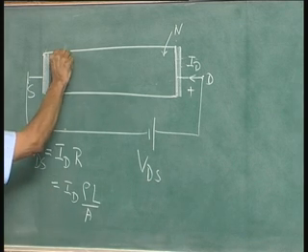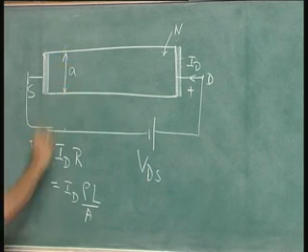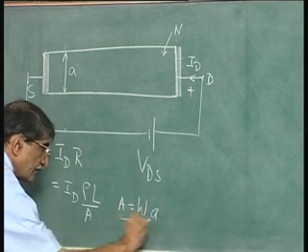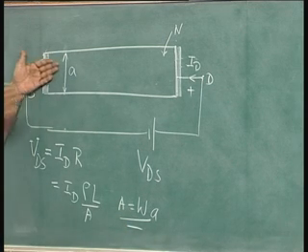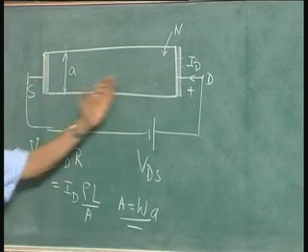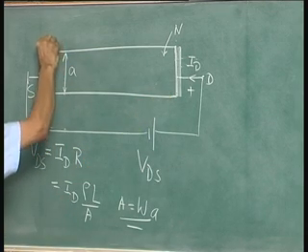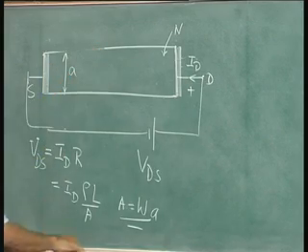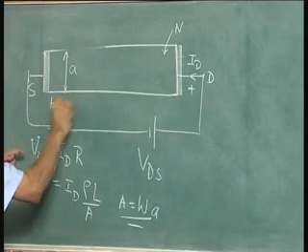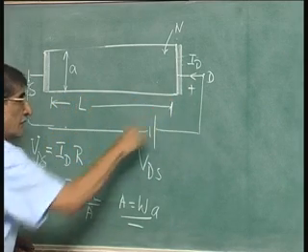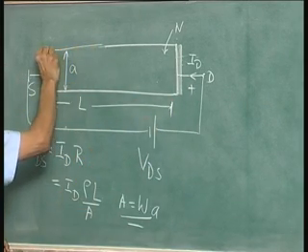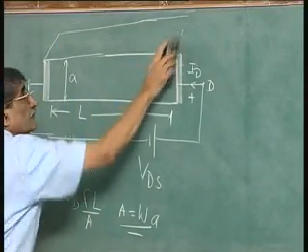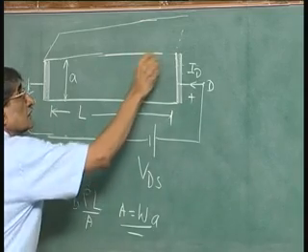And area of cross section will be, if this is A, area will be equal to W into A, where W is the depth. If I call this a channel of total length L, L is the length between the two contacts, and W is the depth.